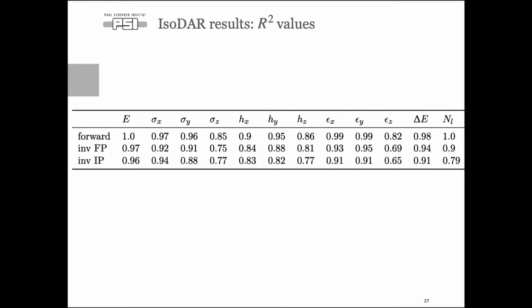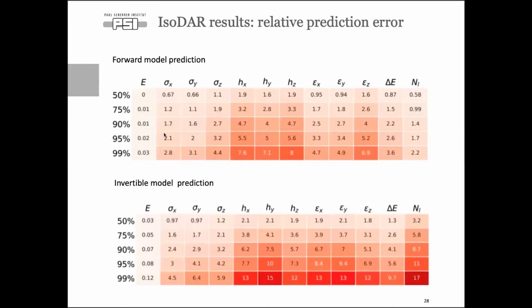The invertible model behaves quite similarly, although the R² values are a bit smaller than for the plain forward model. And here you see the relative prediction errors, which are very good for this model.